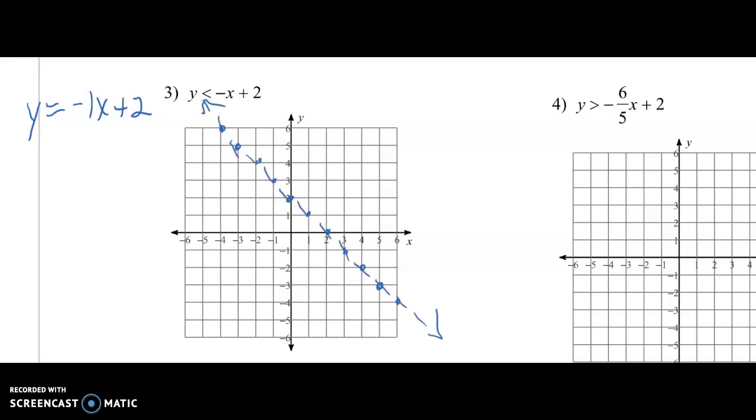The reason why we use a dashed or a broken line is because the original inequality does not have the "or equal to" option. It's just less than. Whenever you have an inequality symbol like this, whether it be less than or greater than, you need to make sure you use the dashed or broken line.